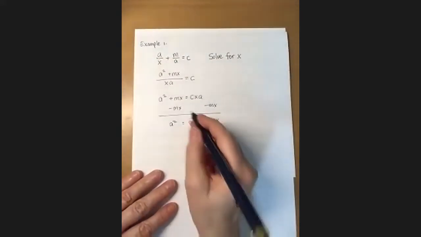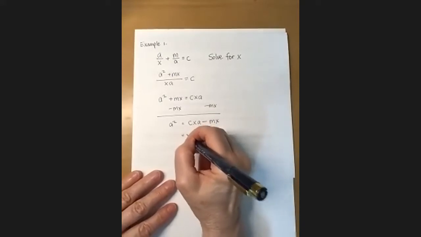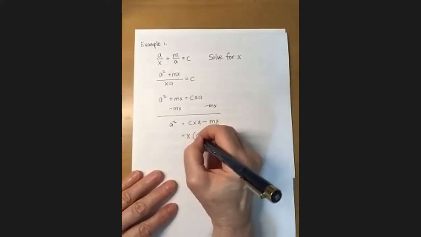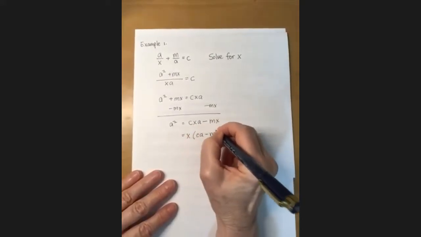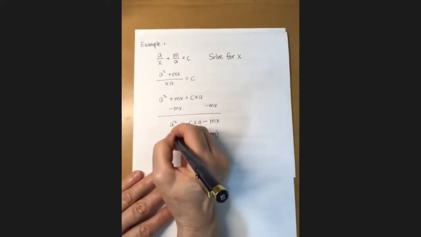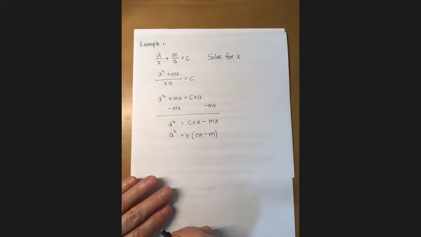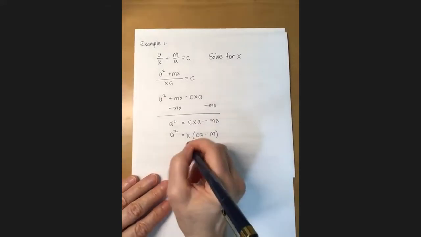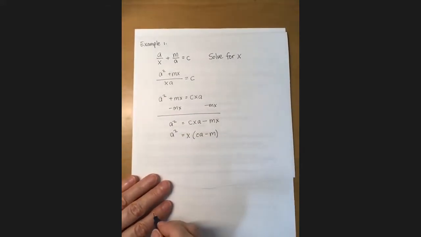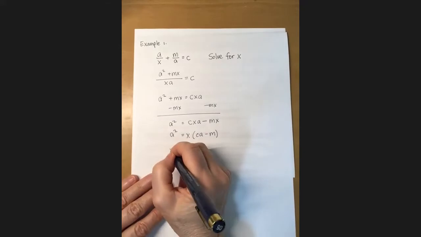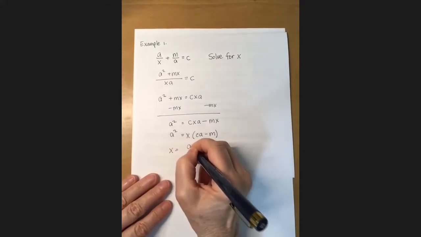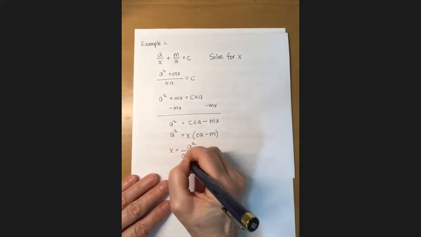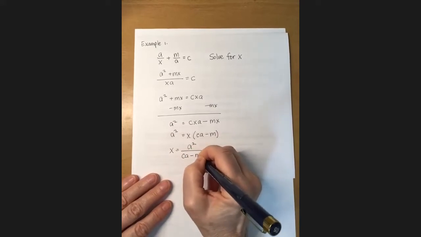I can factor the right side, x times ca minus m, and that's equal to a squared. And now I'm going to switch sides of the equality. X equals a squared divided by ca minus m.